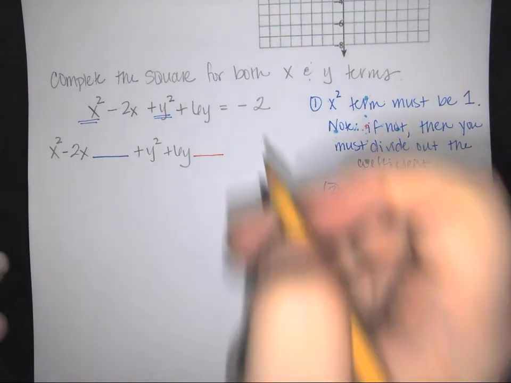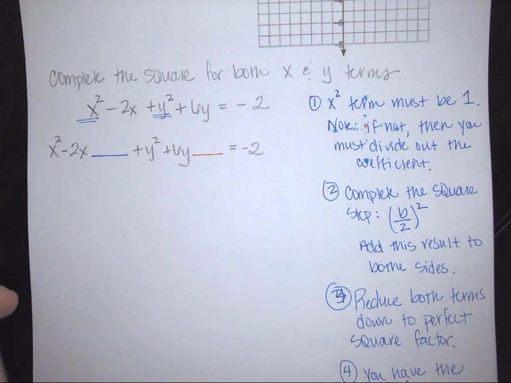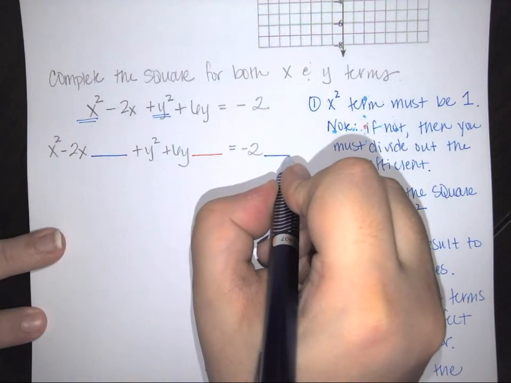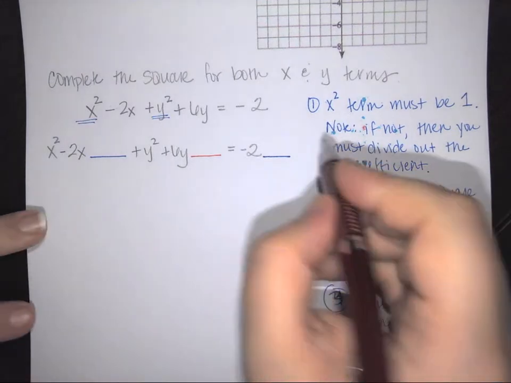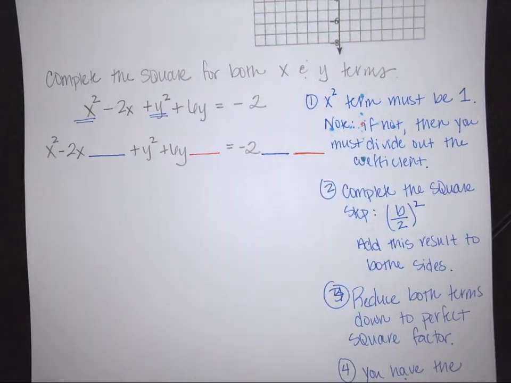And then this is going to equal my negative 2. And then I've got my space, and I've got my space. Okay.